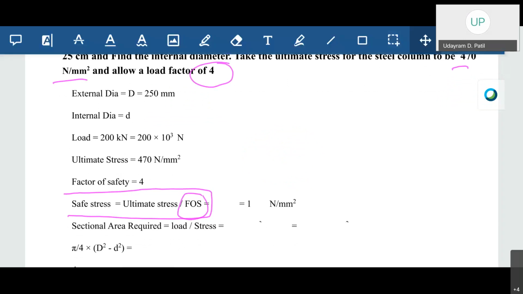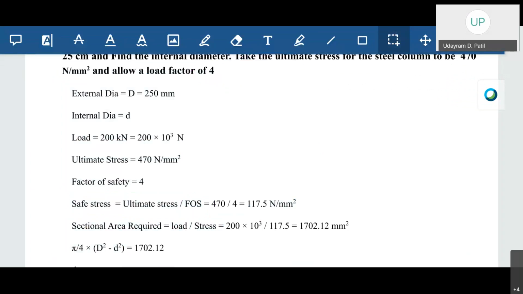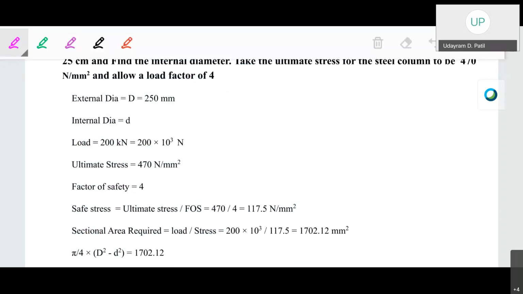We can easily calculate the safe stress, that will be 470 divided by 4, which gives a safe stress of 117.5 Newton per mm square.